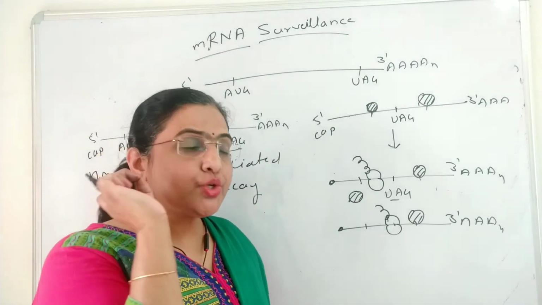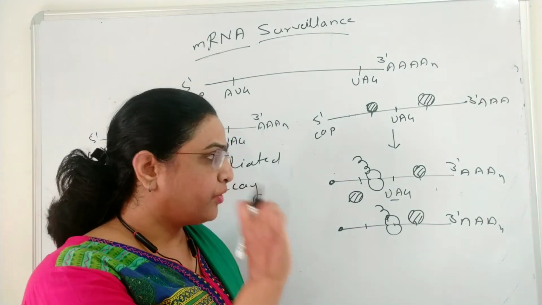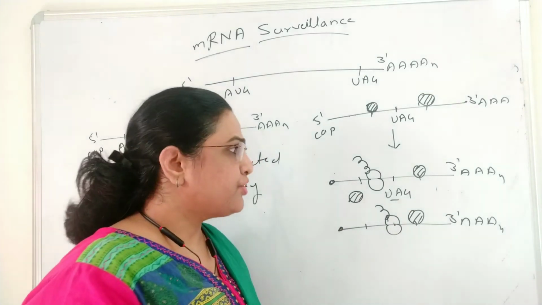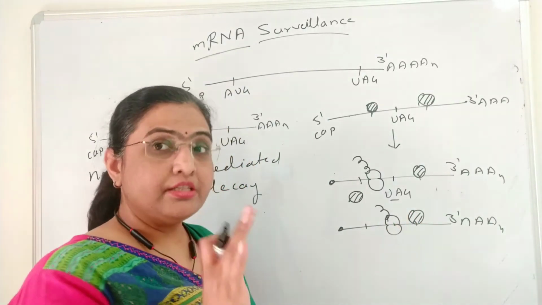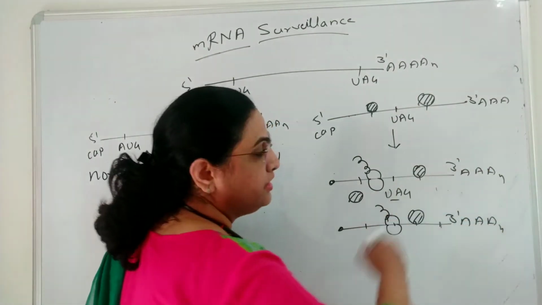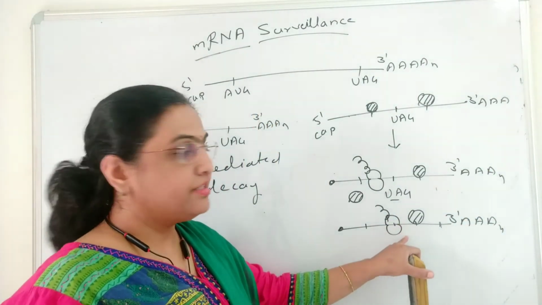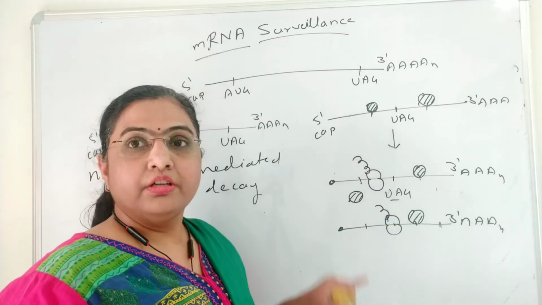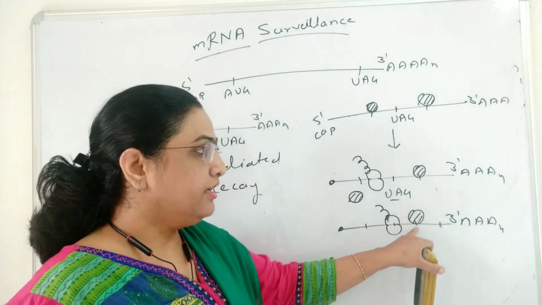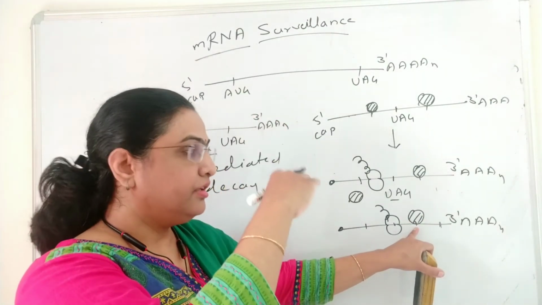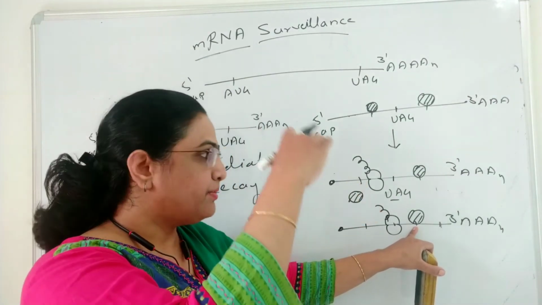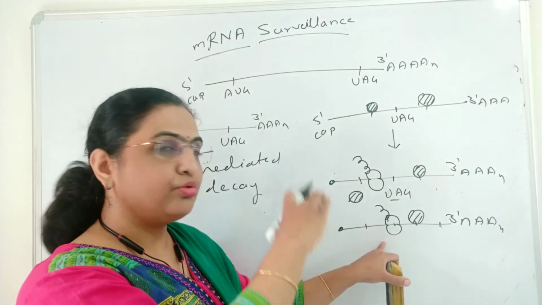That is, it should not stall before the second exon junction complex is also removed. Means the stop codon is present after the second exon junction complex here, and before it, though there is a presence of the exon junction complex, the ribosome has been stalled.